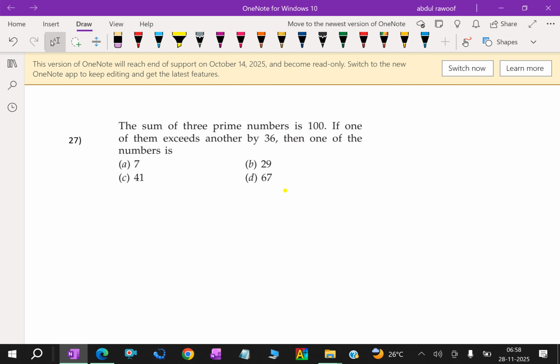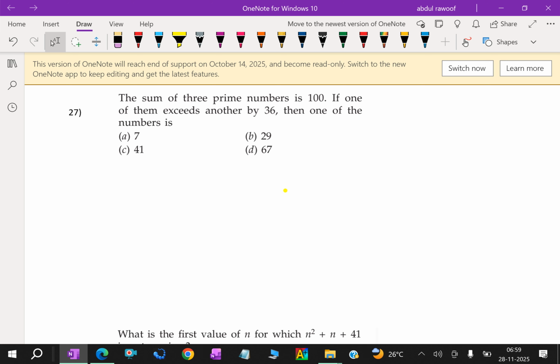Next question. The sum of three prime numbers is 100. If one of them exceeds another by 36, then one of the prime numbers is what? Let the required prime numbers be X, Y, and the other one exceeds by 36, that is Y plus 36.